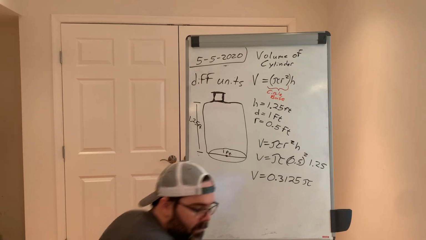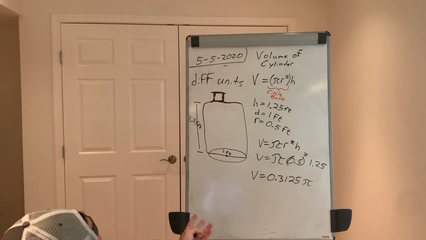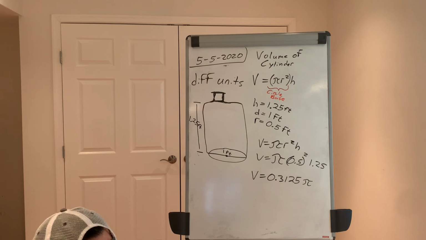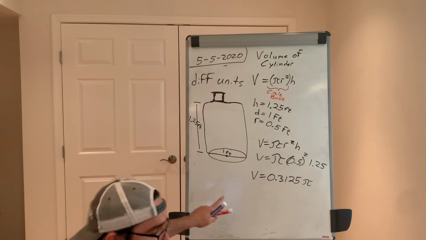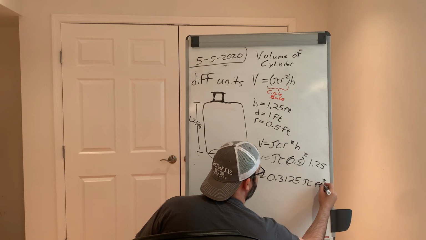So 0.5 squared times 1.25 is 0.3125. I did not round that. That's the actual answer to that part of the problem. And then the pi goes on the back. Okay, now this is the answer: feet cubed, right?